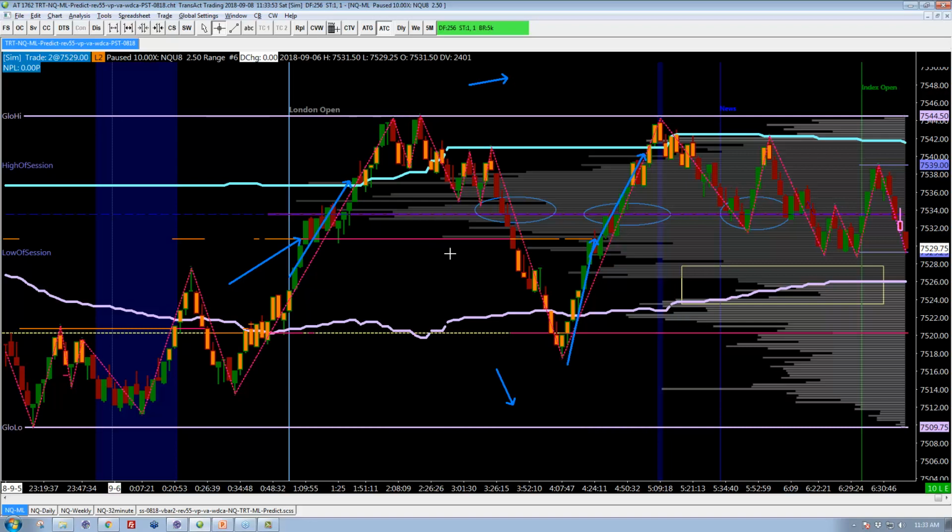You have to assume that the market is going to travel back to the point of control, so we will not execute a trade if we're too close to it. This is a great example right here, where there is a low volume node very close to the point of control, and none of these bars get orange until you get far enough away from the point of control.